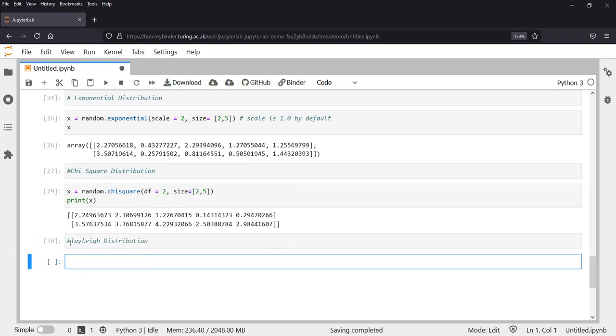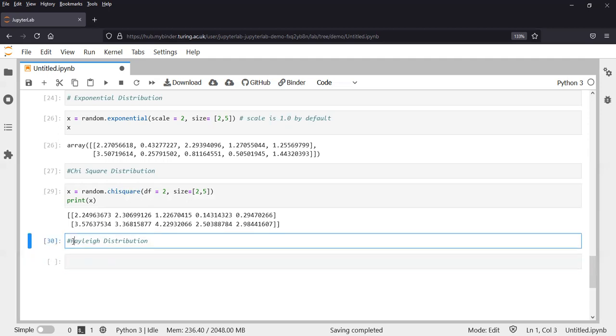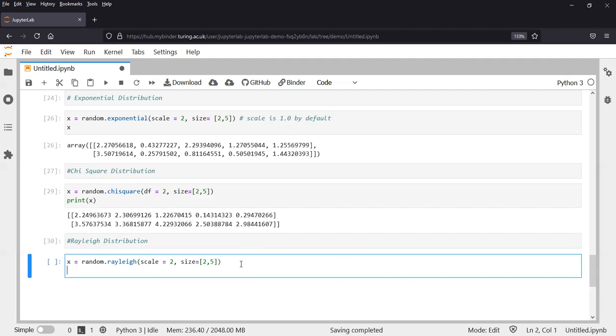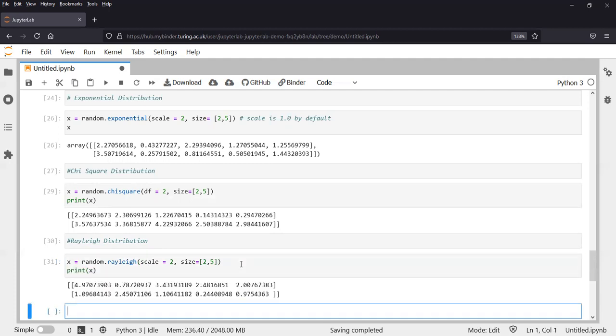The next one is the Rayleigh distribution. Here x is random dot rayleigh, scale, and size is 2 by 5, just for example. Here the scale means the standard deviation.